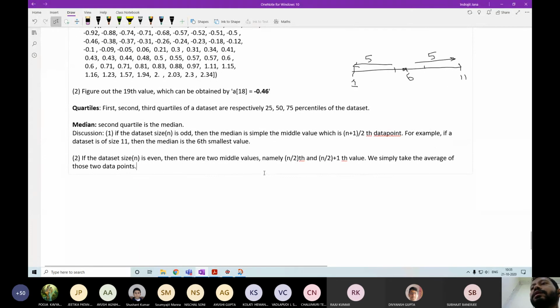Okay. So for example, if the data set size is, let's select 12, right?